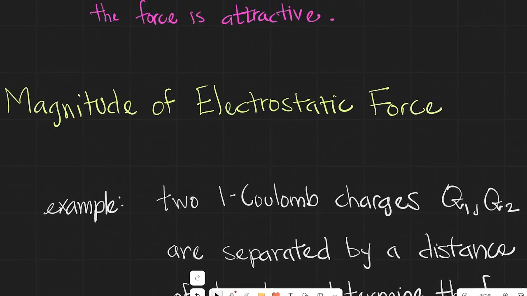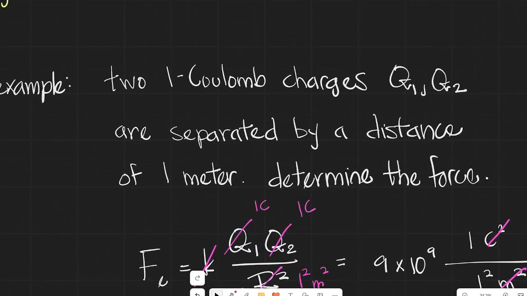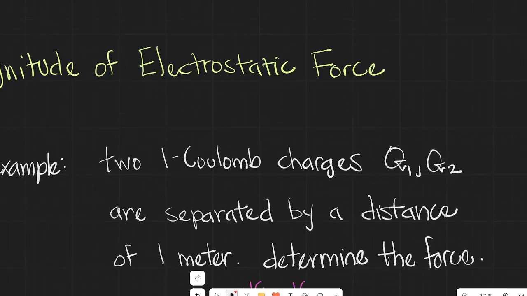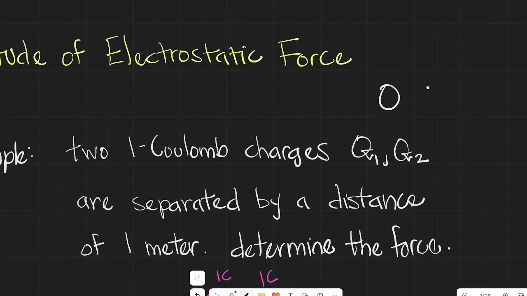All right, let's talk about what is going on with the magnitude of the electric force. That constant k being 9 times 10 to the 9 should raise a pretty big red flag. We'll just start with an example here. So we've got two 1 coulomb charges, Q1 and Q2, and they're just separated by a distance of 1 meter. We're not saying what the sign is, so I'm just going to assume they're both positive.